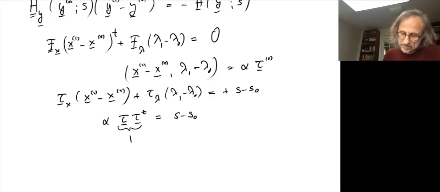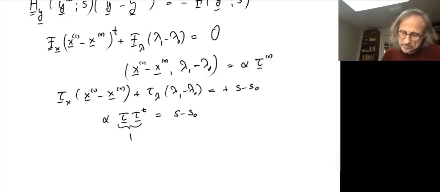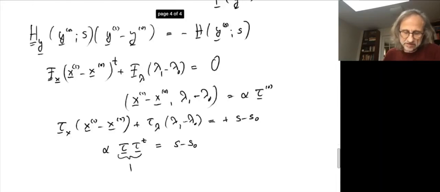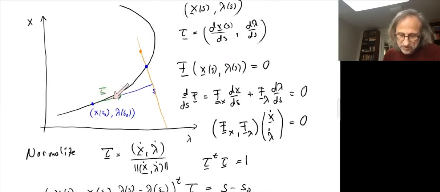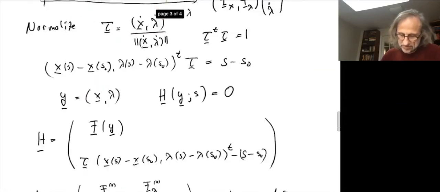Or in other words, the extrapolation we're doing here, x1 minus x0 and lambda 1 minus lambda 0, is s minus s0 times the tangent. And so exactly the first iteration goes from the previous solution x0 lambda 0 in the direction of the tangent, a distance s minus s0. And that's what we had in mind in this original picture. So we go along the tangent, a distance s minus s0, and end up on the corresponding branch.